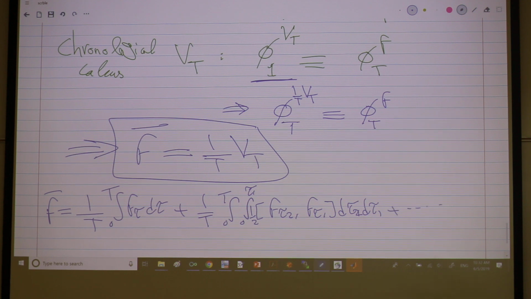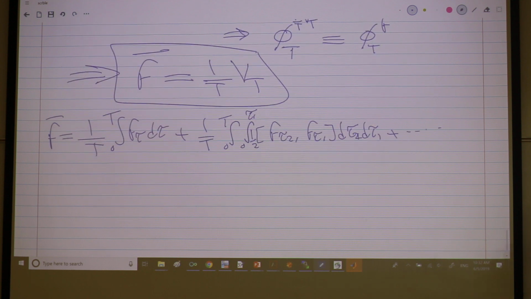So the exact averaging is an infinite series. We can write down f bar as an infinite series from k equal 1 to infinity of lambda k divided by k factorial. So this is the exact averaging, or complete averaging.